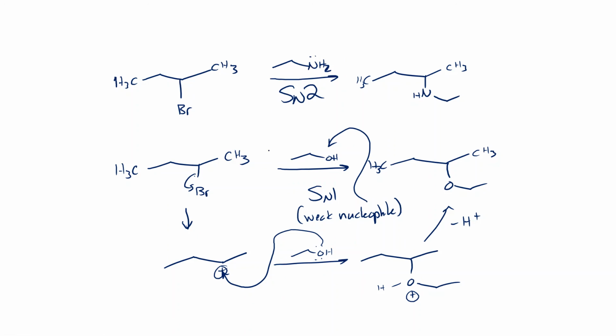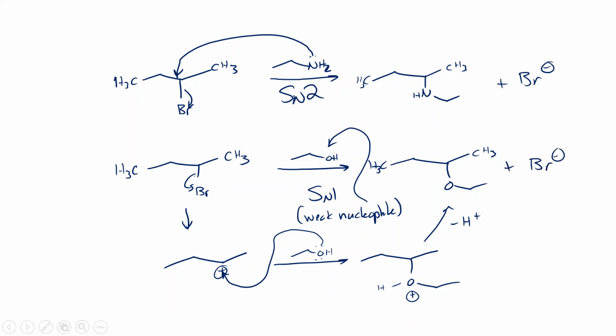And so we would expect this to go in a single step. You've seen this before, where the base will come in and attack that carbon and the carbon will allow the bromine to leave. So in both cases, we're also producing Br minus as our leaving group.